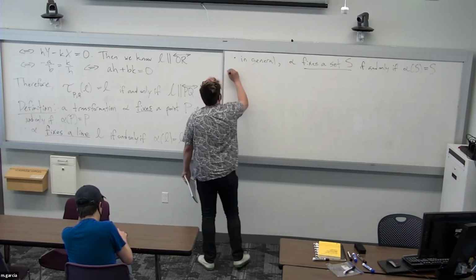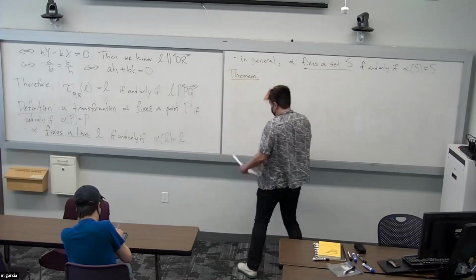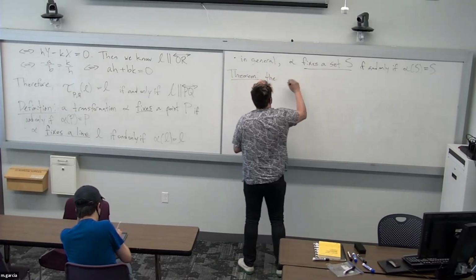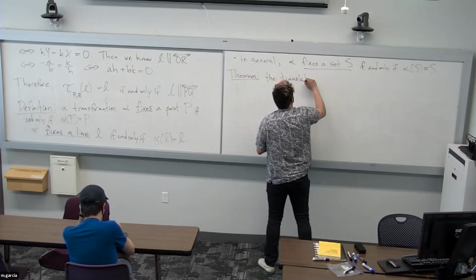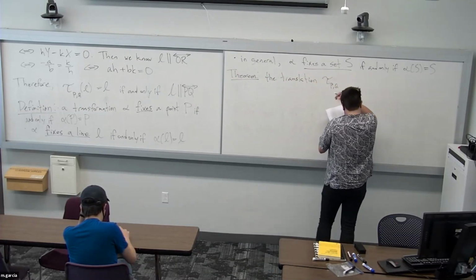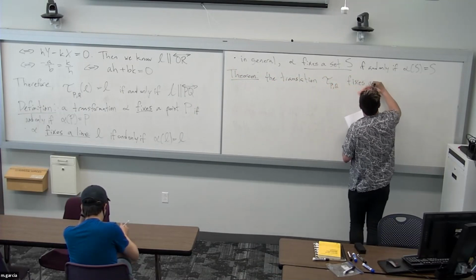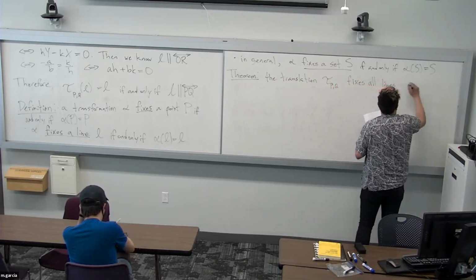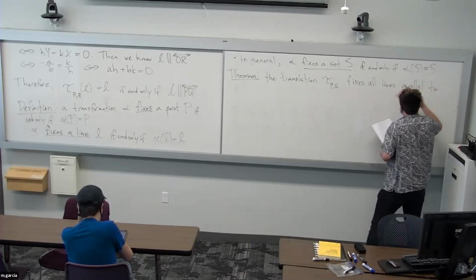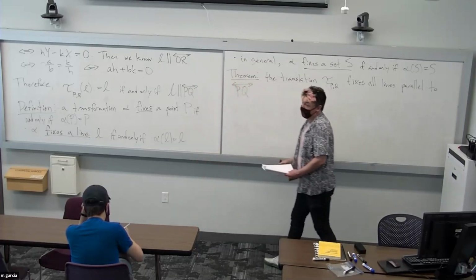So then, let me recap the last thing that we proved. The translation tau sub p comma q fixes all lines parallel to the line that P and Q lie on, and only those lines.